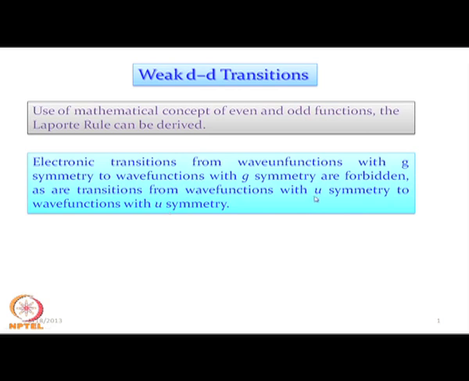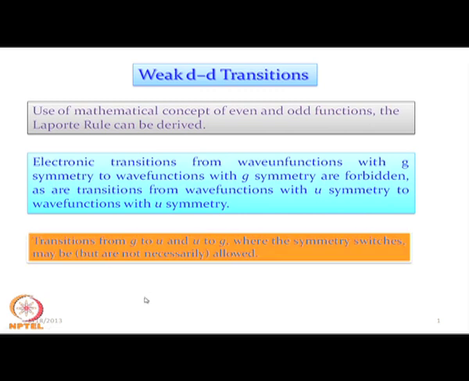So, with respect to the center of inversion, we have seen that some of these orbitals will be labeled as having G symmetry and another will have U symmetry, such as we have two types of orbitals in centrosymmetric Oh symmetry, that means the octahedral symmetry. We can have the T2G set, which is G type, and another is EG type, which are both of same symmetry. That means this transition will not be allowed from T2G to EG. Similarly, if we have a T1U symmetry to T2U symmetry or T1U symmetry, that will also be forbidden.